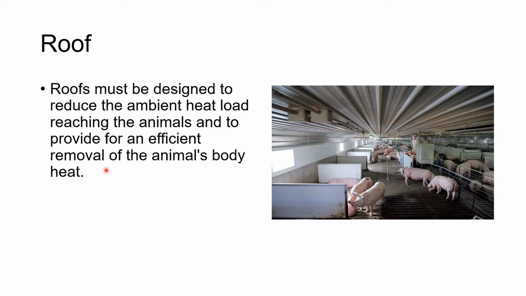So kailangan na design rin in such a way na yung dinedissipate yung na-produce na body heat na nilalabas ng mga swine natin is lumalabas doon sa roof natin. Dapat may efficient removal ng animal's body heat sa pagde-design mo ng roof.